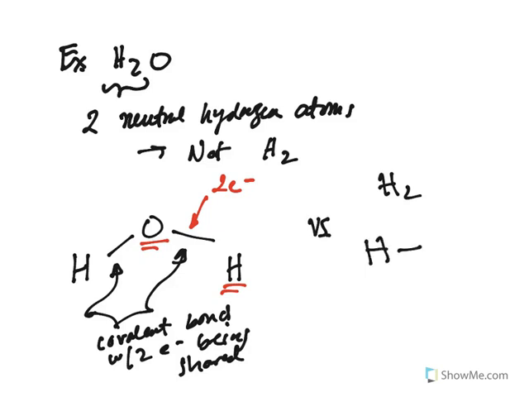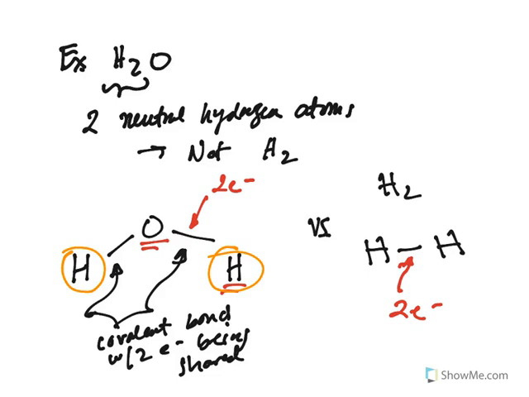In this case, we have two hydrogen atoms that have a covalent bond, represented by that line again, with two electrons being shared between the hydrogen atoms. Over here, these hydrogen atoms aren't sharing electrons with one another. So the diatomic rule only matters when you have bonding of those diatomic elements with each other.